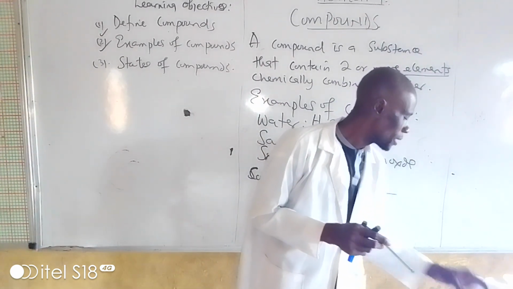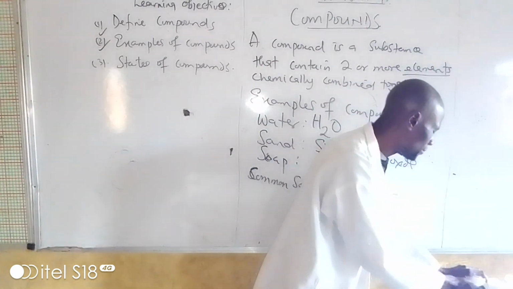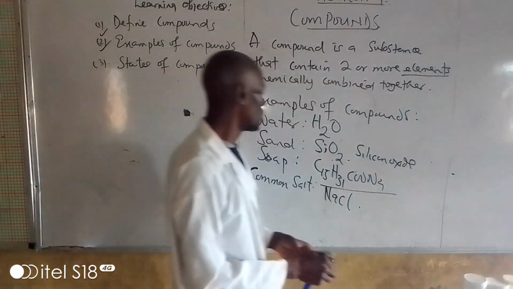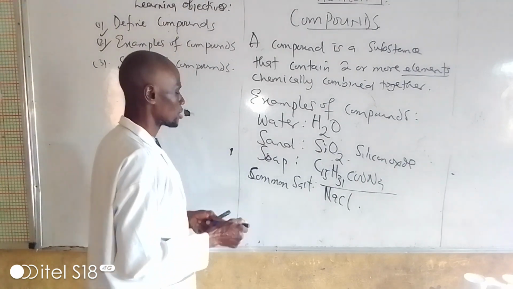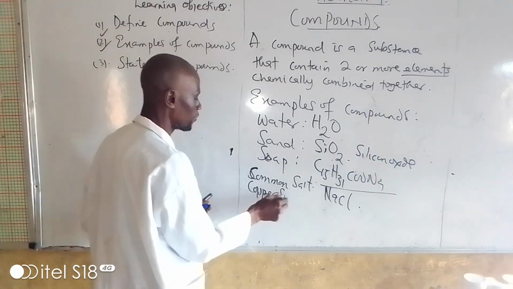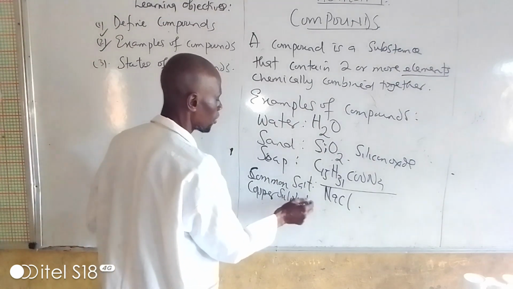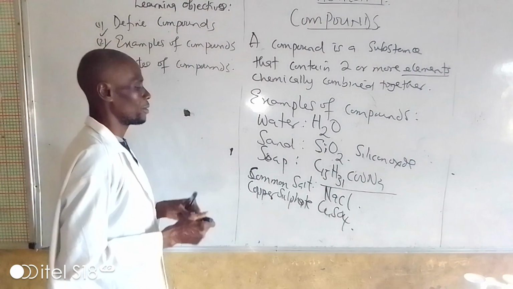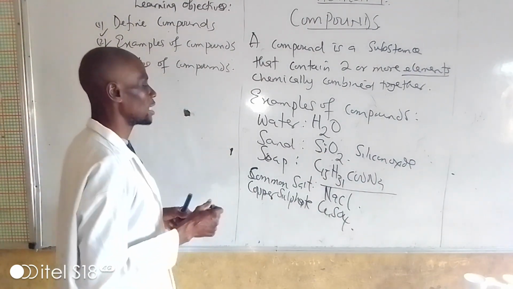So you can see that compounds can be found like that. Let's take it off from there. Copper sulfate, CuSO4, is a compound. So many like that.